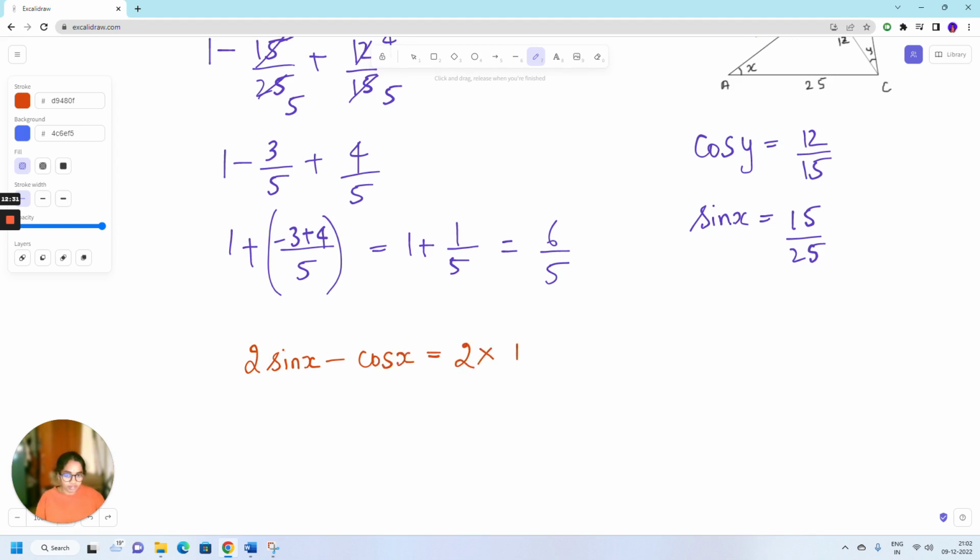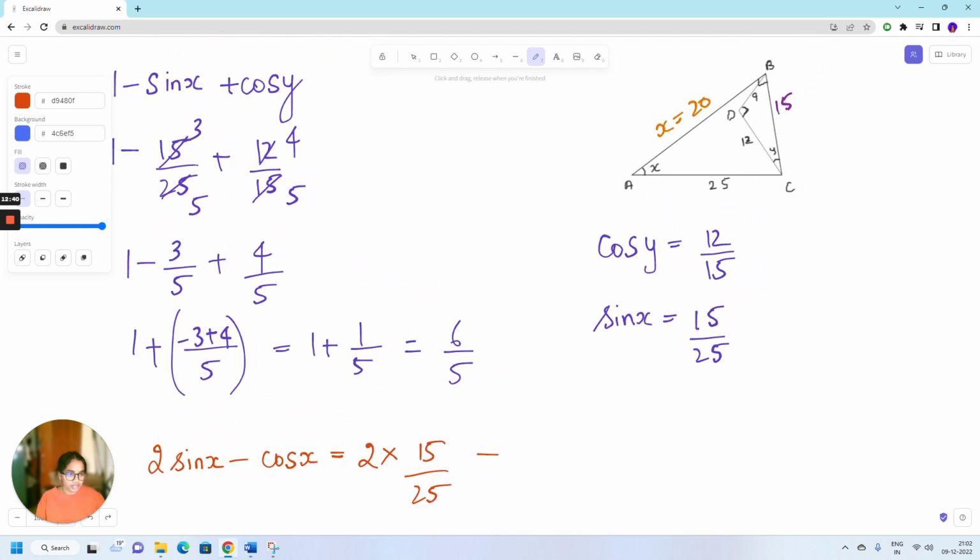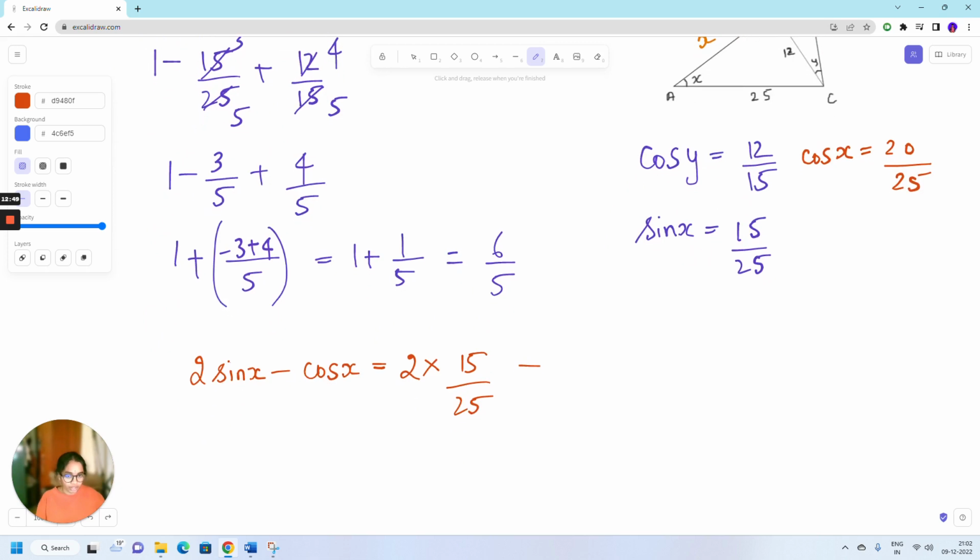Sin x is 15 divided by 25 minus, what is the value of cos x here? The value of cos x is adjacent, that is 20, divided by hypotenuse, that is 25. So cos x value is 20 divided by 25.